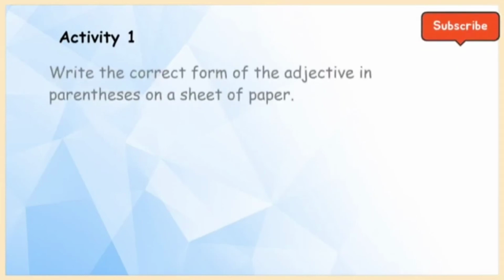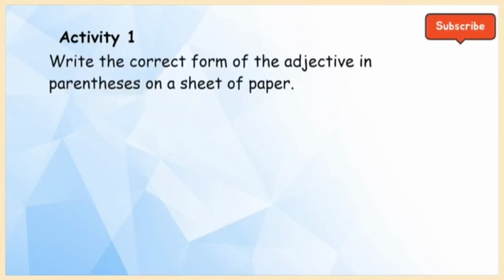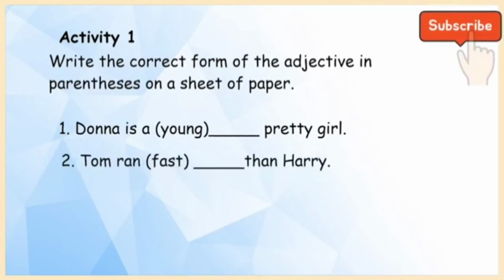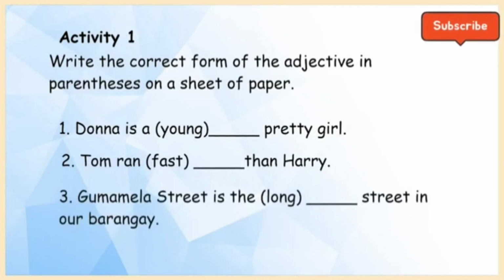Activity 1. Write the correct form of the adjective in parentheses on a sheet of paper. 1. Dawn is a blank pretty girl. 2. Tom ran faster than Harry. 3.